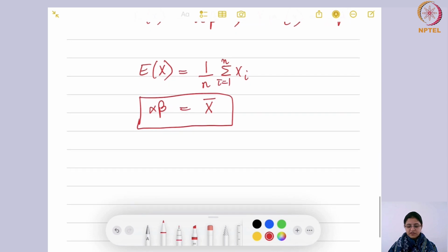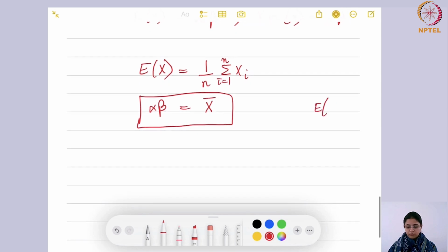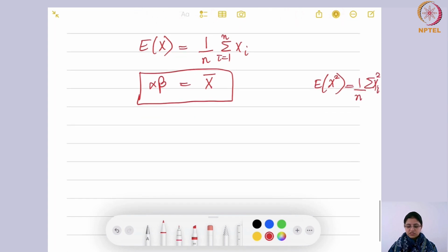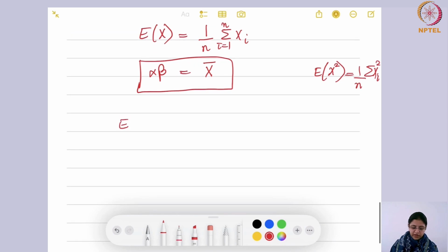Now, instead of dealing with the second population moment, that is expectation of X square, and 1 over n summation Xi square, one could also consider the moment about the origin or the moment about the mean. So expectation of (Xi minus mu) square can also be equated with 1 over n summation i from 1 to n (Xi minus X bar) whole square.